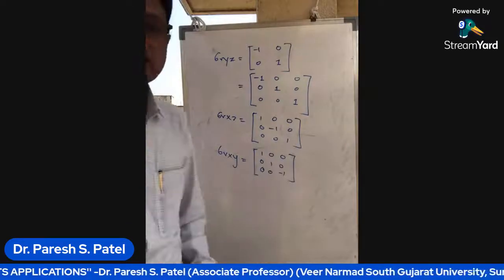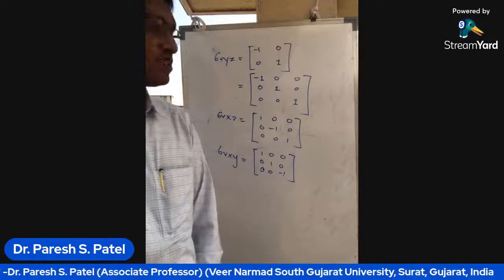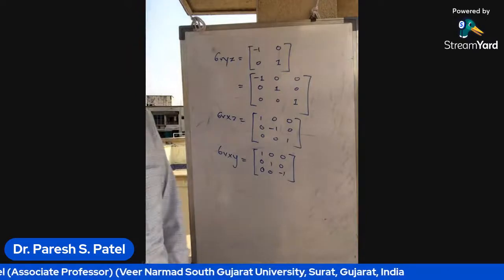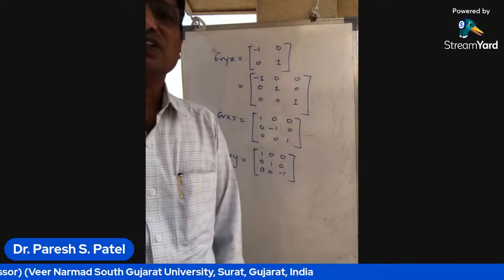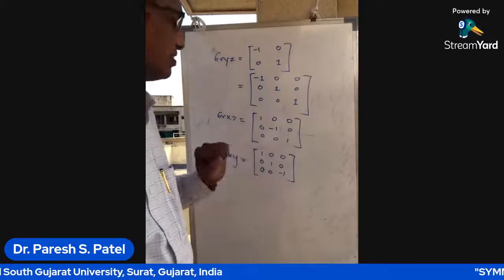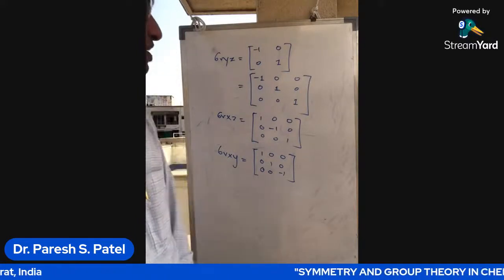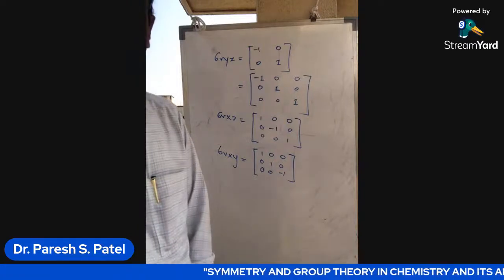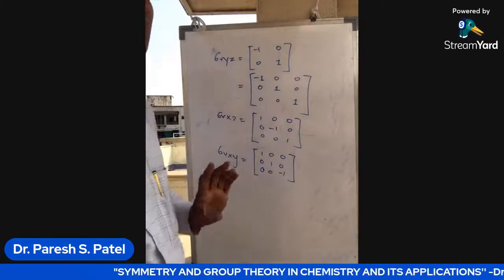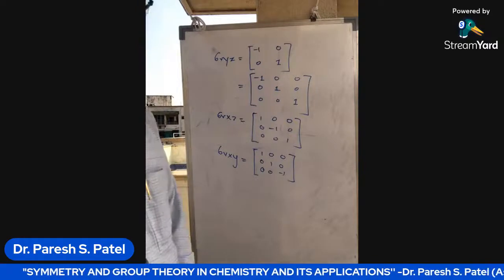So these are the matrix representations for the third symmetry operation, the reflection plane of symmetry. These are the three matrices for the plane of symmetry.